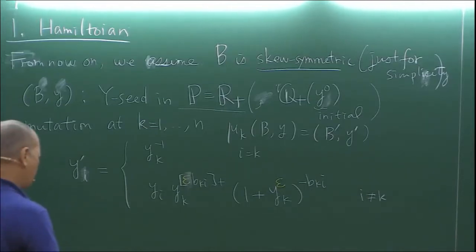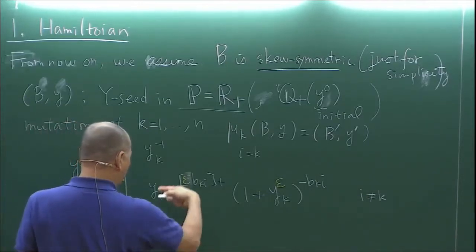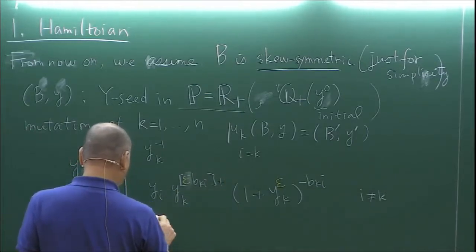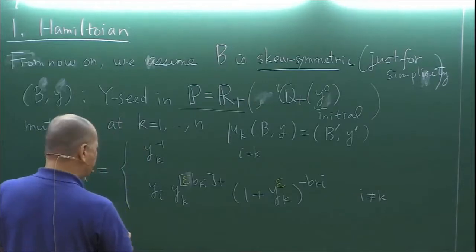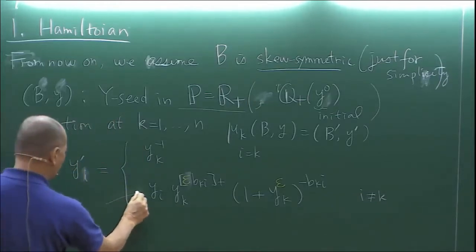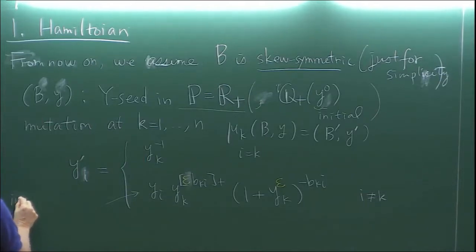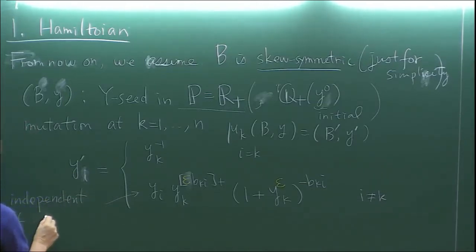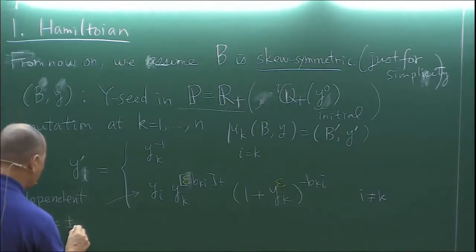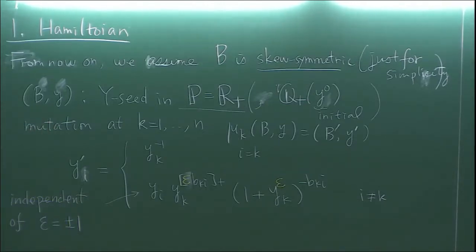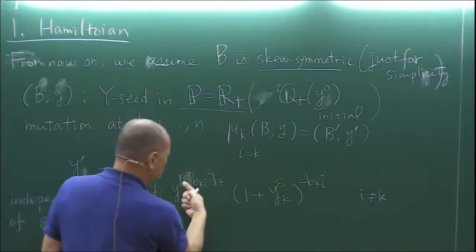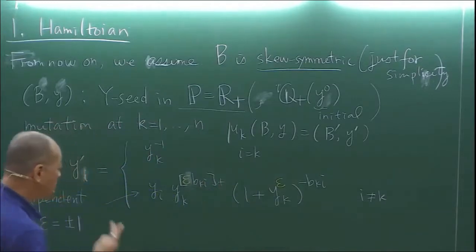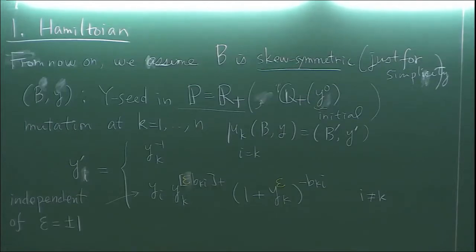The first comment is that this formula is independent of the choice of epsilon, whether it is plus or minus. It exactly gives you the same number. So you just manipulate this symbol and then you end up with the same. There are two alternative expressions, and this redundancy is important.